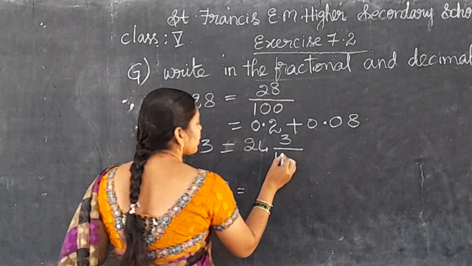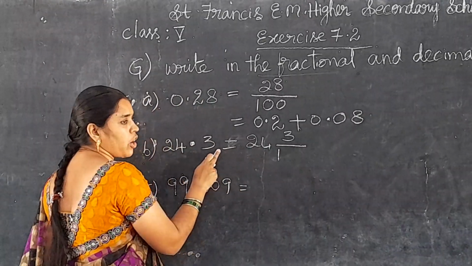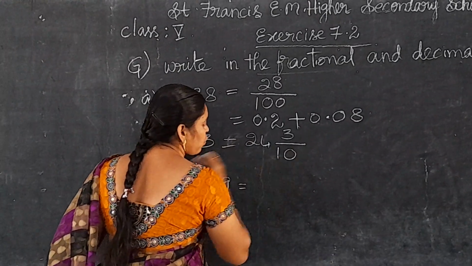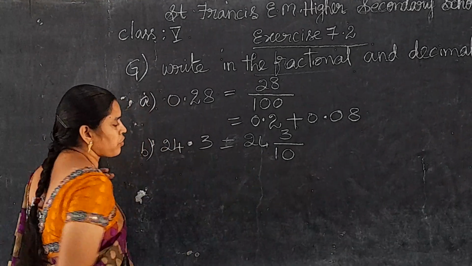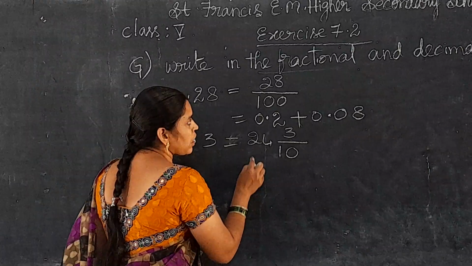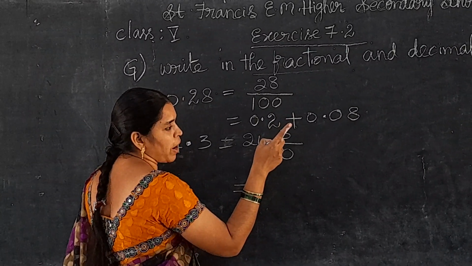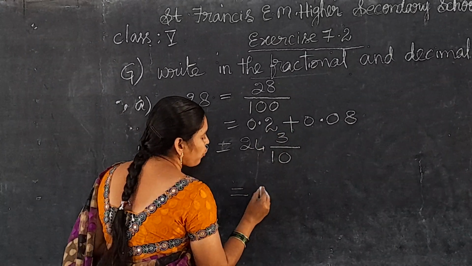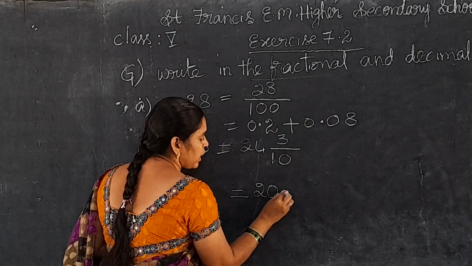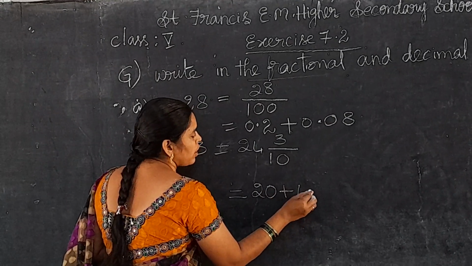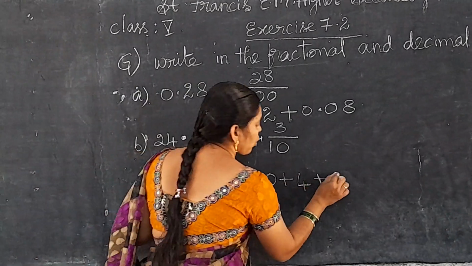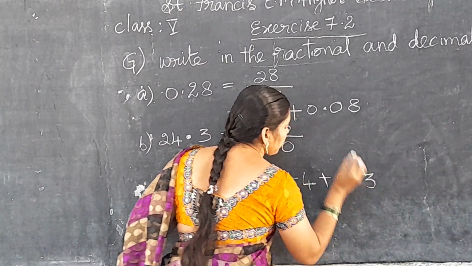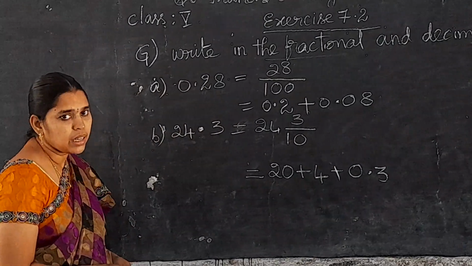And how many numbers are there after the point? 1 number. So write 10. Clear? See here, this can be written in the decimal expanded form. 24 can be written as 20 plus 4 plus 0.3. Clear, children?